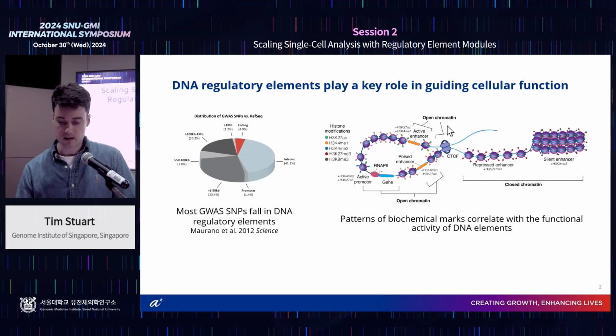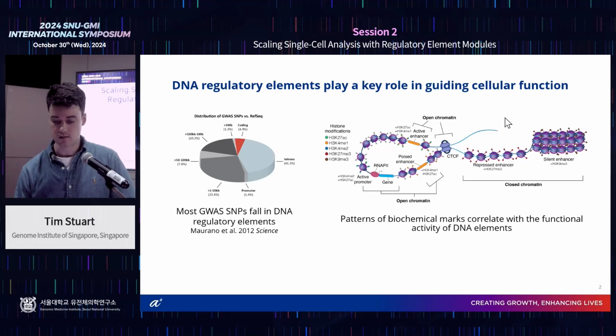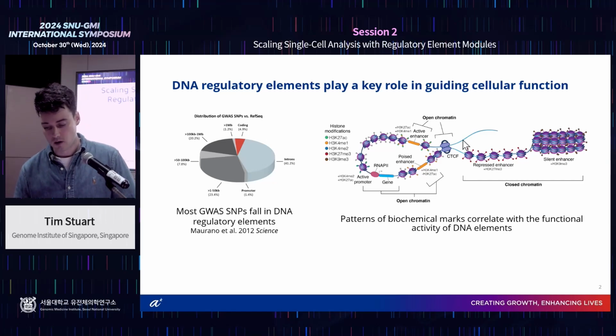These marks give us a window into the activity of that regulatory element, and this includes things like histone modifications and DNA accessibility. So if we want to understand how these regulatory elements function, it's critical that we can measure these biochemical states of the chromatin in the cell.